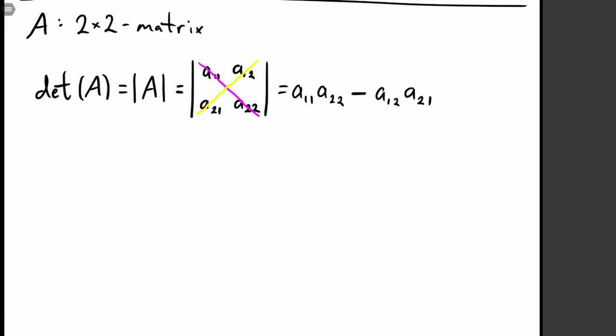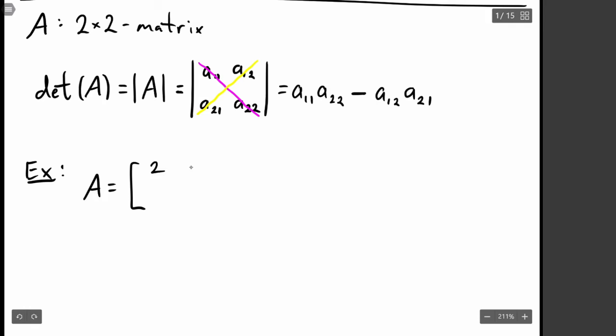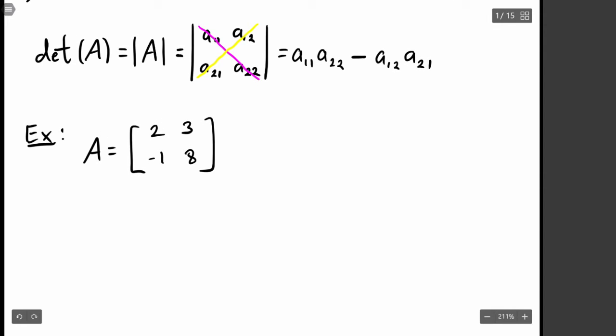Let's see this with an actual example. Let's say A is 2, 3, -1, 8. Then the determinant of A, again I'll write this notation because I think it's useful for bookkeeping.